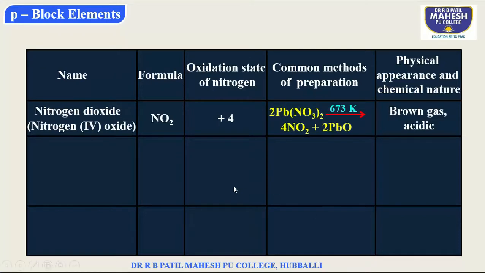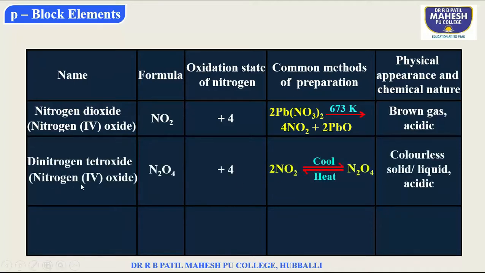The next oxide of nitrogen is nitrogen dioxide, or nitrogen 4 oxide, NO2, in which the oxidation number of nitrogen is +4. It is obtained by thermal decomposition of lead nitrate at a temperature of 673 Kelvin. Along with nitrogen dioxide, in this reaction we get lead oxide. It is a brown colored gas, acidic in nature.